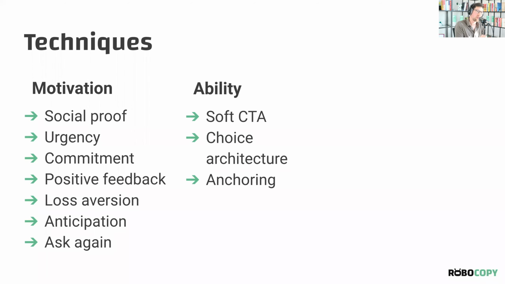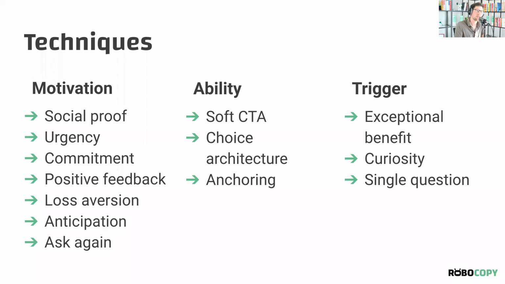If you look at ability, you can use soft calls to action, choice architecture, and anchoring as techniques to increase ability, if you feel that's the problem why you don't get your users to do what you would like them to do. And if we look at triggers, there's the exceptional benefit, steering curiosity, single question, right? These are all different techniques that help at different points in the behavior design framework.